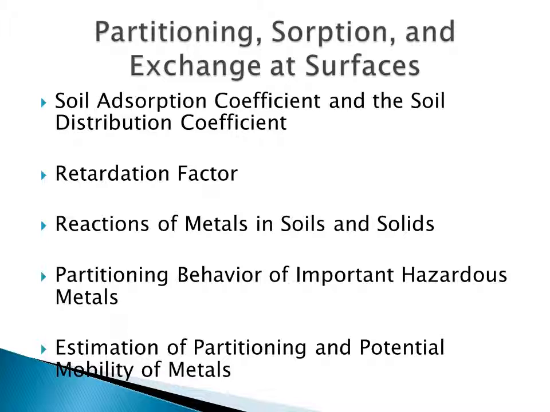Because a contaminant must be in the bulk phase to be transported, the soil distribution coefficient serves as a basis for the relative contaminant velocity, which is quantitatively described by the retardation factor. The retardation factor provides an estimate of the velocity of groundwater relative to the velocity of the contaminant.